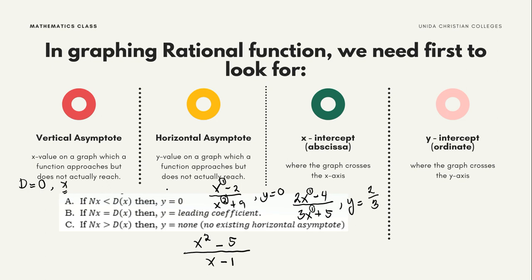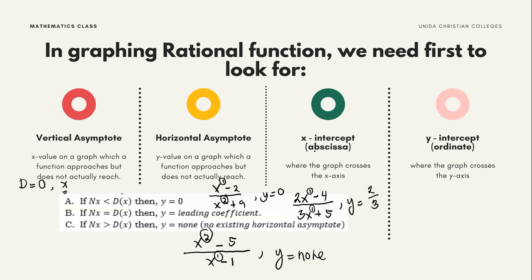Okay, as you can see, degree ng numerator 2. Degree ng denominator ay 1. So, the degree of the numerator is greater than the degree of the denominator. Then, your y will be equal to none. This will be your final answer. Y is equal to none. Pero doon po sa iyong magiging graph, wala ka po talagang makikitang nag-exist na horizontal asymptote.